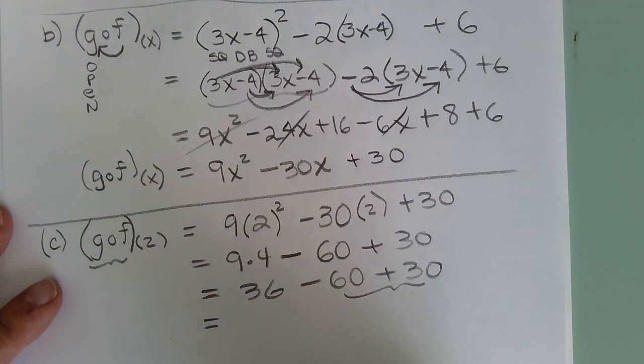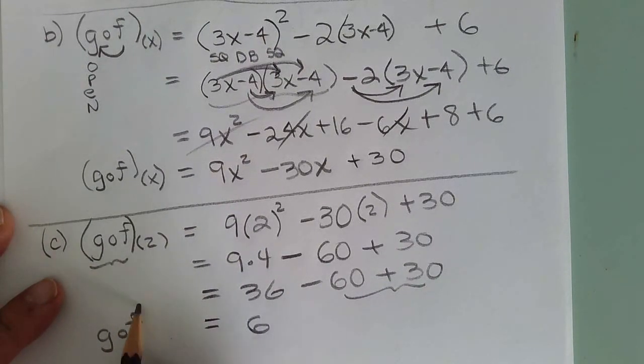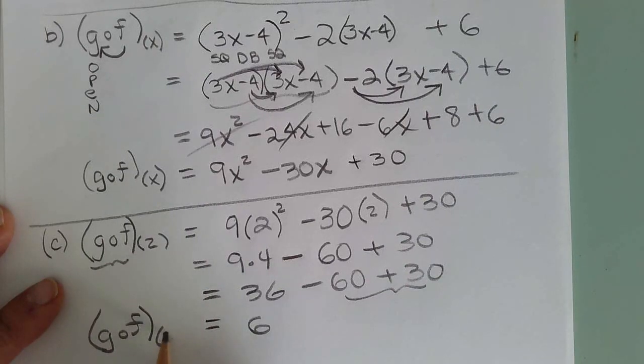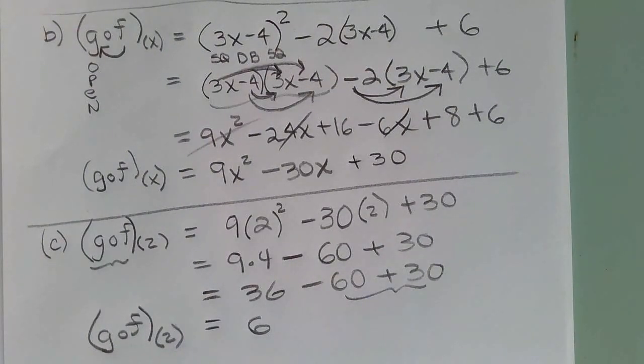Negative 30 plus 36 would be 6. So G, and you can just put all three of them in your calculator if you prefer to do it that way. So G composed of F and evaluated at 2 is equal to 6. And that is it for three examples of composition.